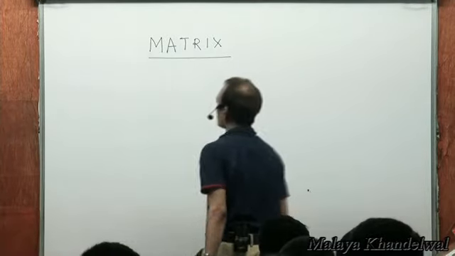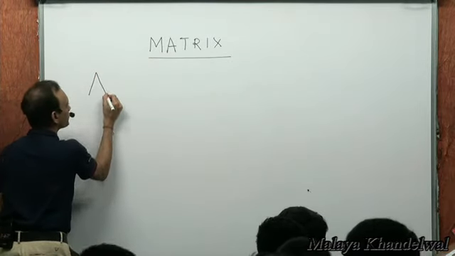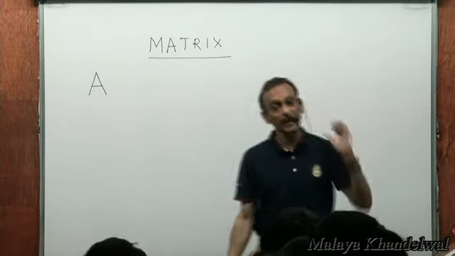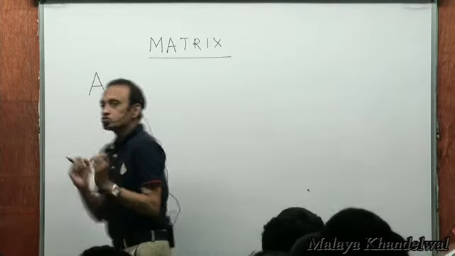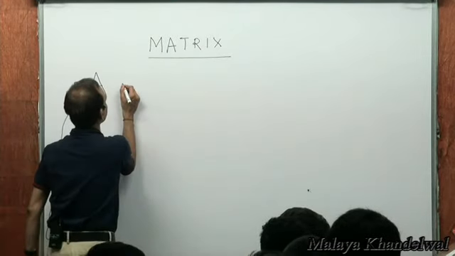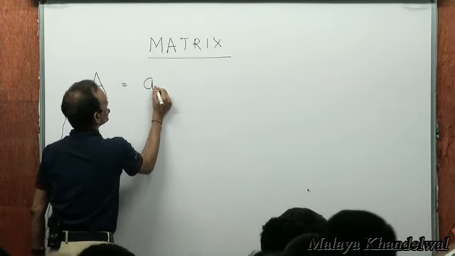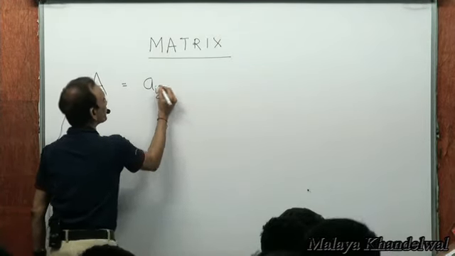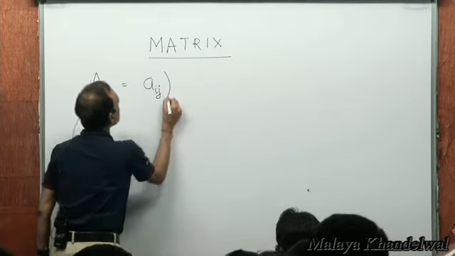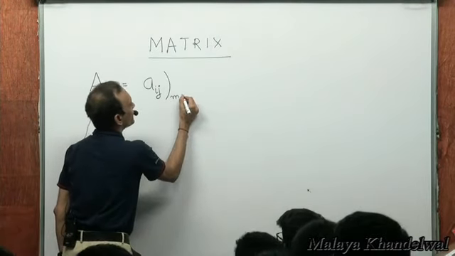So, I talk of a matrix A whose representative element is Aij, and this matrix A has m rows and n columns.